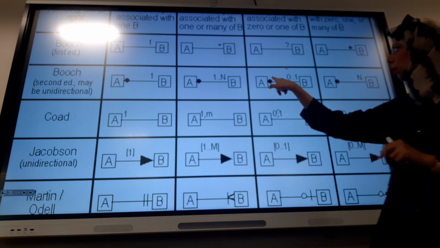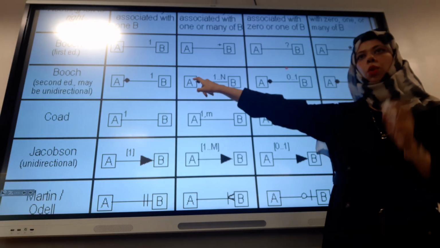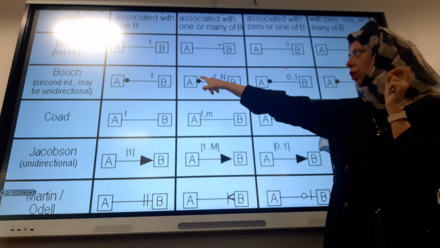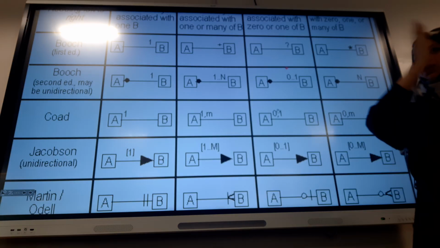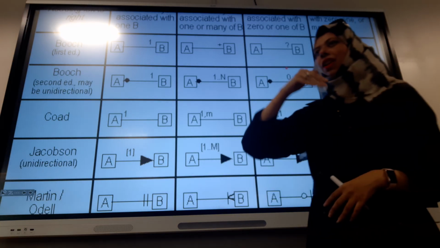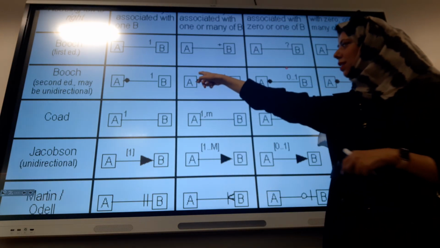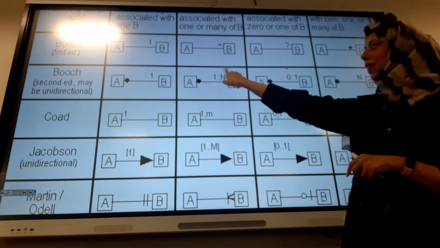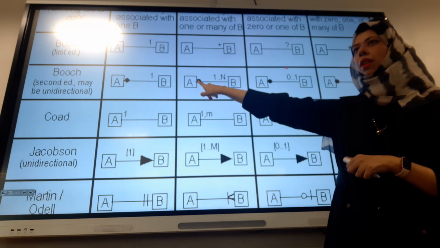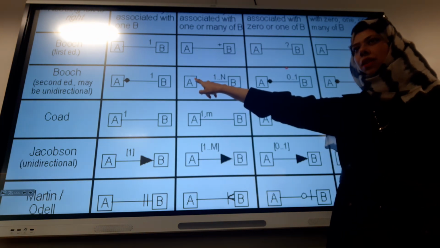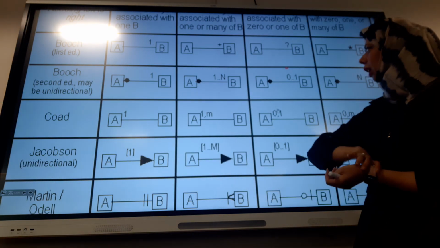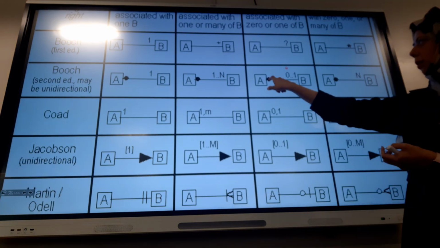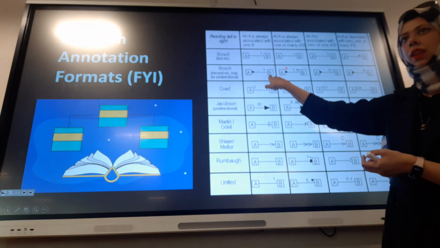This knot here represents only the 0 value, but it comes on the left side. Again, we agreed the way you read the model left to right is different from reading it right to left. So here, if this is 0, it means B has this relation to a minimum and maximum of 0. Minimum and maximum are the same value, which is 0. And the same goes here, right?